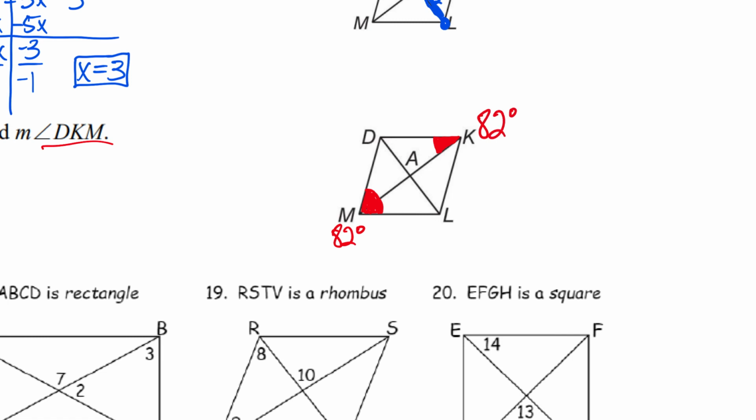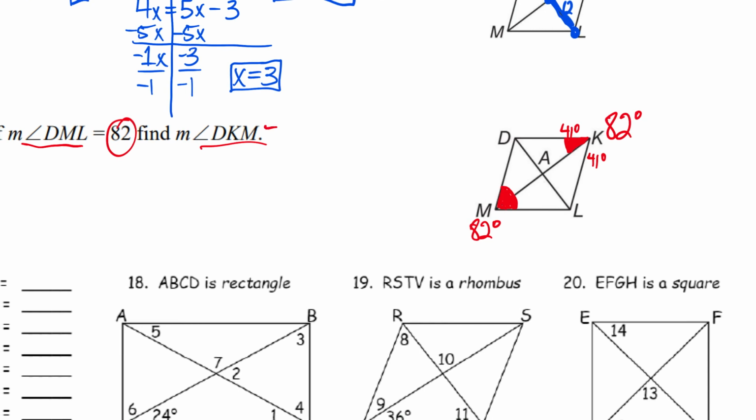But I'm not looking for that whole angle, I'm just looking for this one. If this whole thing is 82, this is going to be half of that. It's going to be 41. So this would be 41, and this one would be 41. So the measure of angle DKM is 41 degrees.